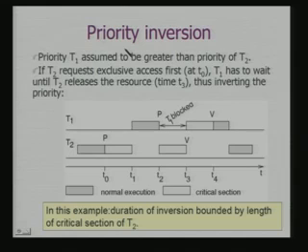So, let us look at this problem of what we call priority inversion. In this case, the priority of the task T1 is assumed to be greater than that of T2. Now, let us consider that T2 asks for a resource at this point. So, we are using P and V operations for gaining exclusive access to the resource.